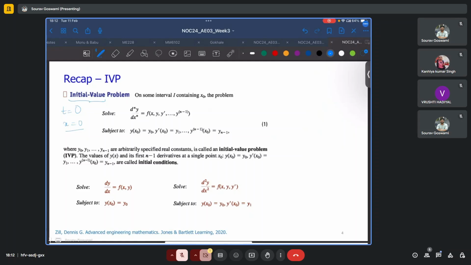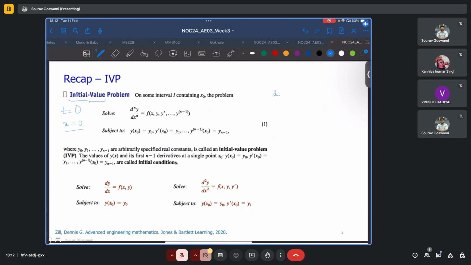So in a general form, if the equation is the nth derivative of y with respect to x is some function of x, y, y prime, and so on till the (n minus 1)th derivative of y, with information available to you as at x equal to x naught, you have some value of y, and similarly at x equal to x naught, you have some value of y prime till y power n minus 1.